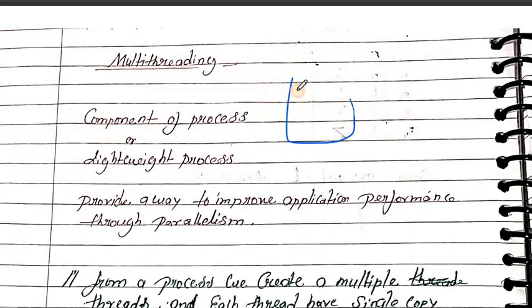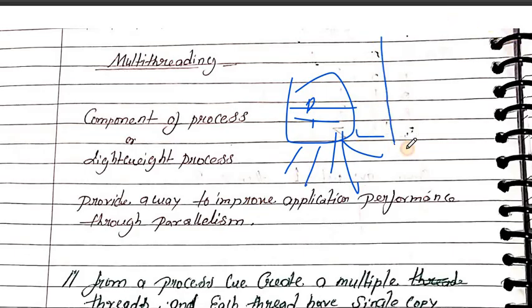Means that if we have a process P1, then we will create multiple lightweight small processes of P1 having some common shared sections like a code section, data section, and file section.